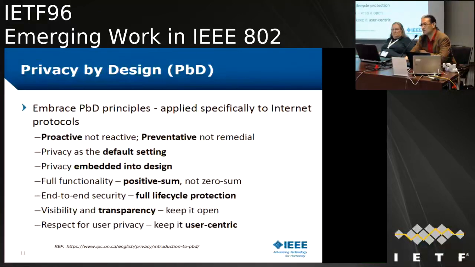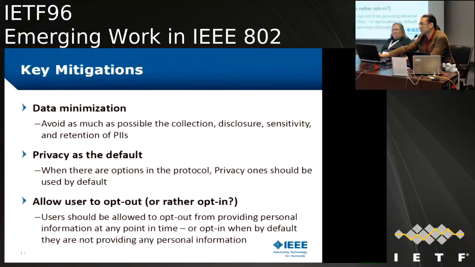We want to be transparent, so make sure that individuals understand that this is happening or this could happen, and if ever they want to disclose their information, because that could be the case in, I don't know, medical tracking systems and so on, the user may want to decide to be tracked. We want to make sure that it's transparent and the user is aware. And again, keep it user-centric, so it's all about the user. The mitigations that we can use, and this is pretty generic again, so it's 802, but also IETF.